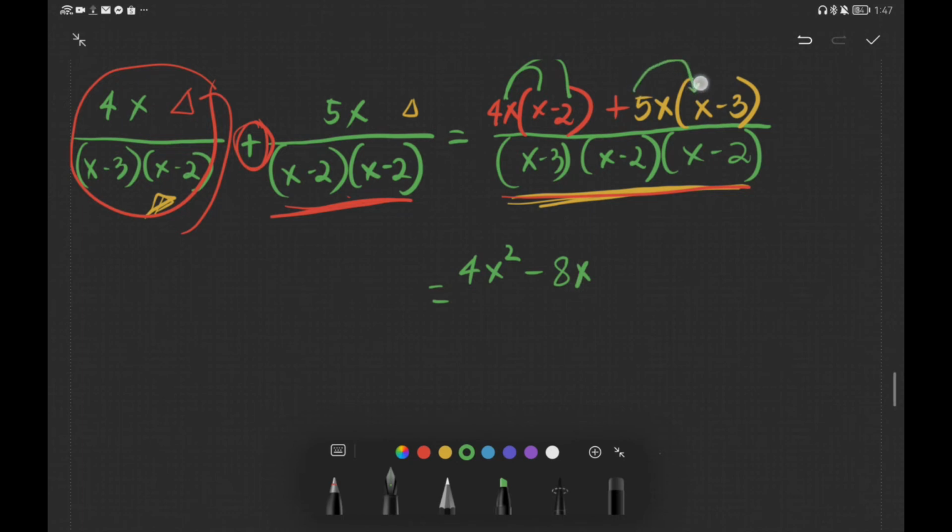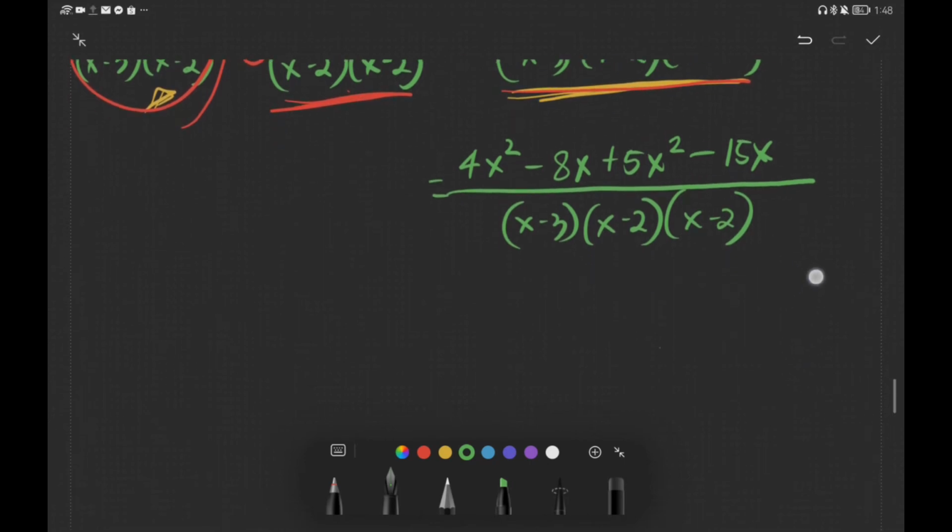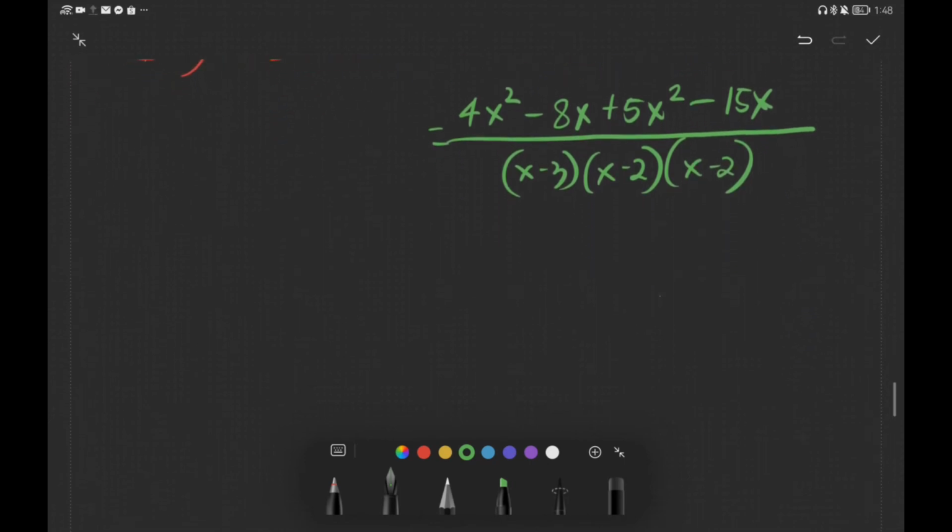Positive 5x times x, that's positive 5x squared. Positive 5x times negative 3, that's negative 15x. Over x minus 3 times x minus 2 times x minus 2. We just copy the denominator.